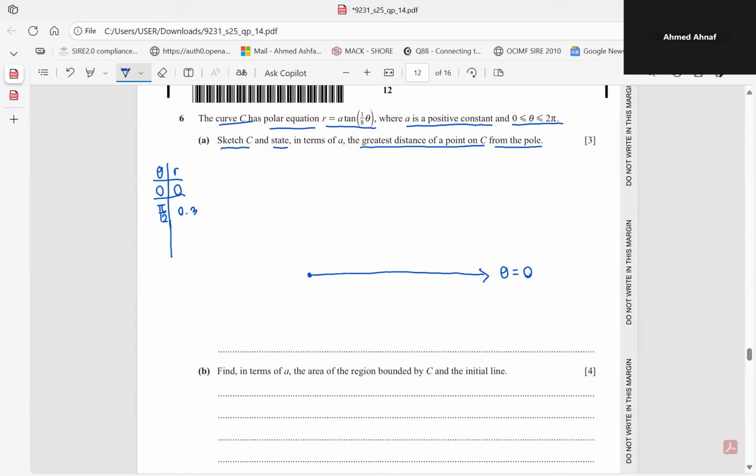You can just type into a calculator and see whether the value increases or decreases. π/6, 0.6, so it's increasing. Then π/4, 0.9, π/3, 0.13, 5π/12, 0.165. Let's substitute 2π. You get 1, so basically you get a.